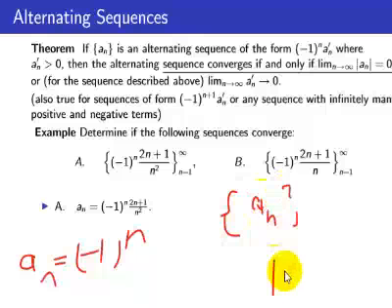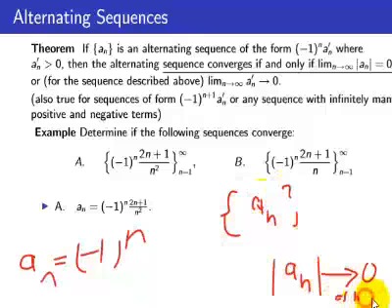Now you have to ignore the sign, that means you are taking the modulus, and check whether this sequence approaches 0 as n tends to infinity. If this is true, you can say that this alternating sequence converges to 0, right?